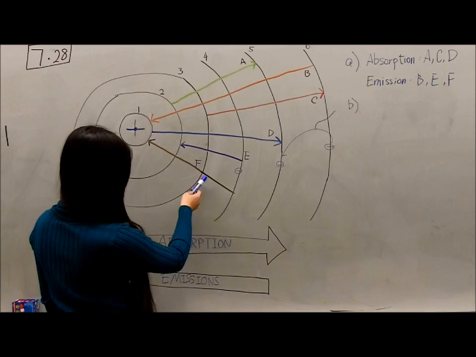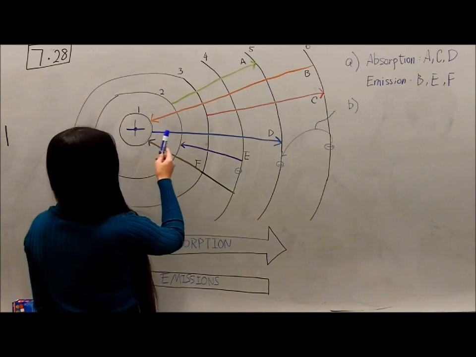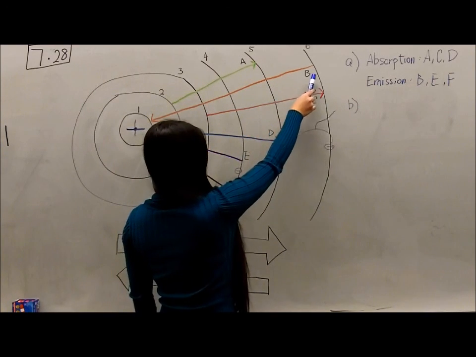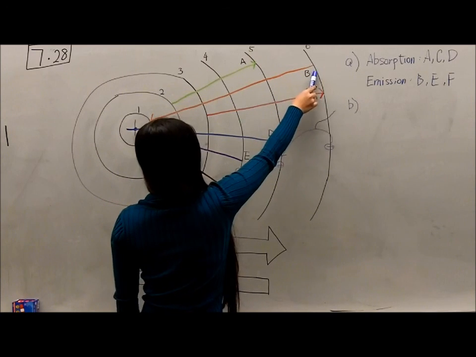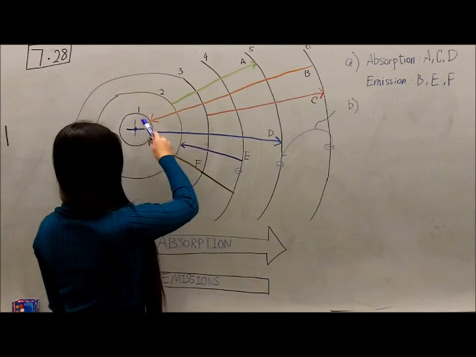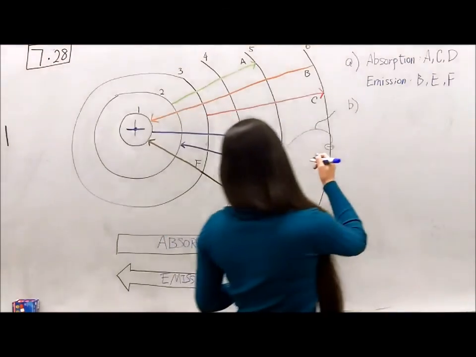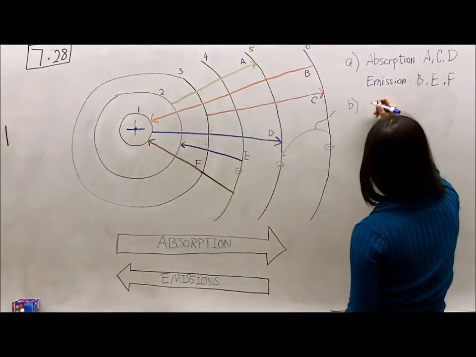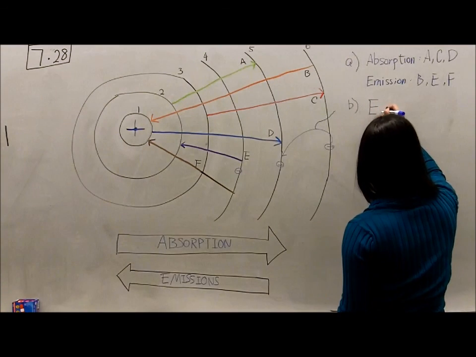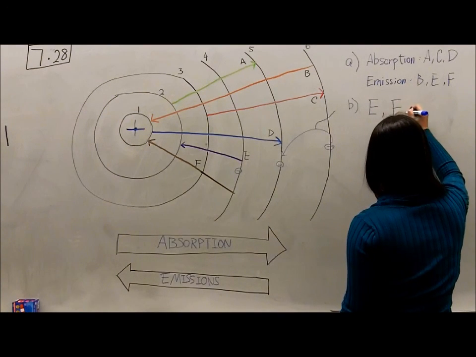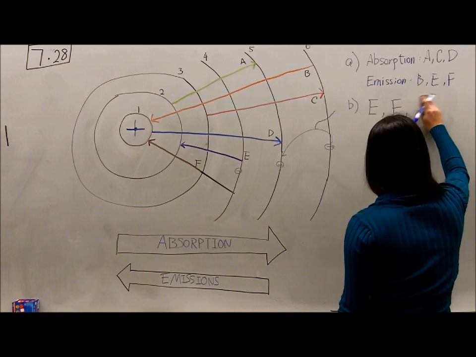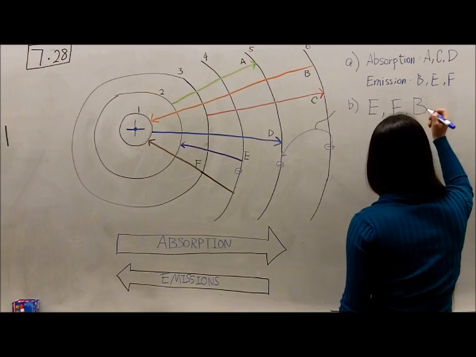F will be the second lowest. It jumped through 1, 2, 3. And B will be the highest energy because it jumps all the way from level 6 down to 1, which skipped through 5 levels. So in this case, you rank it from least to most, which is E, F, and B.